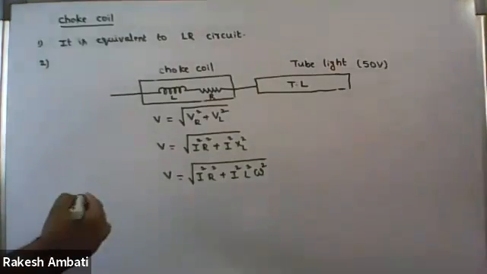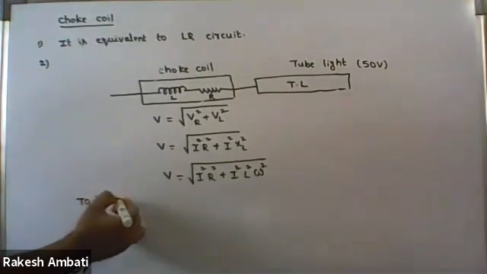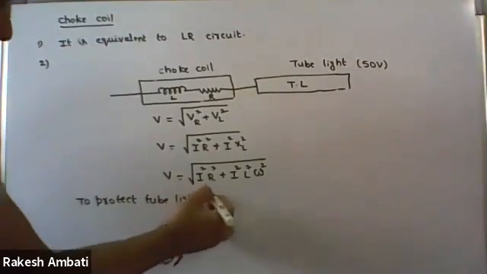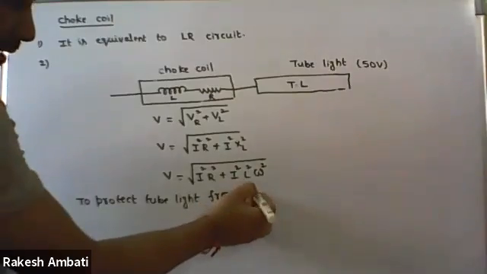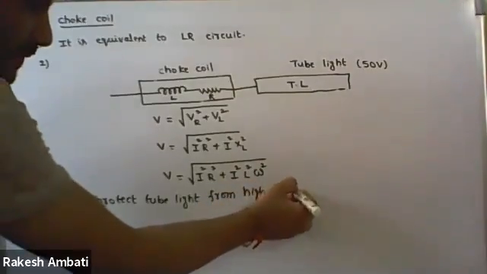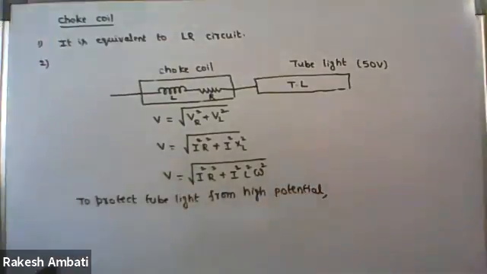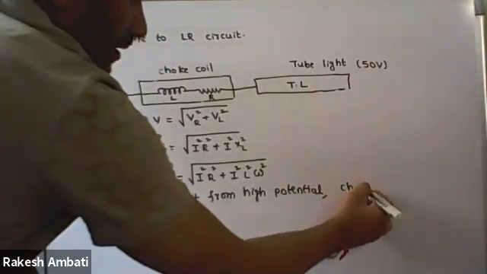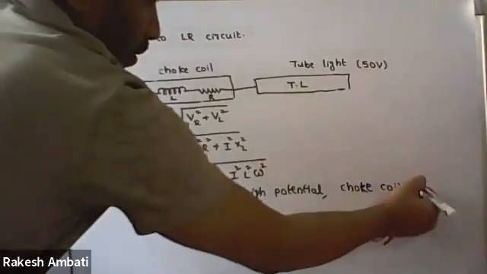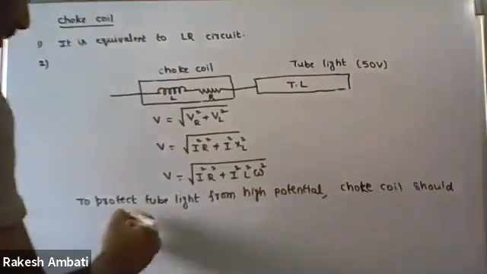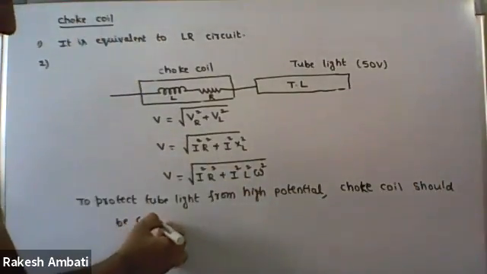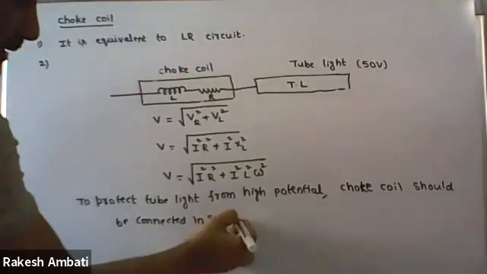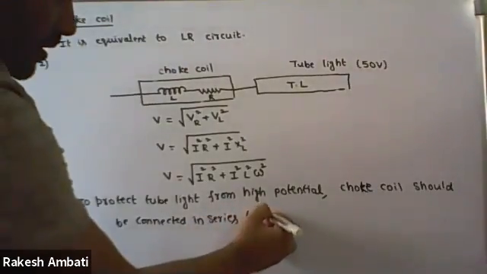Okay, write down. To protect the tube light from high potentials, the choke coil should be connected in series to the tube light.